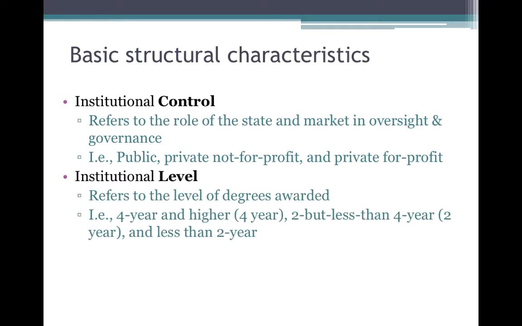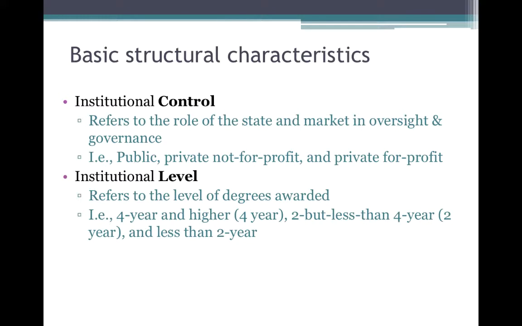Another related structural characteristic of colleges and universities is their level. That refers to what types of degrees they award to students. Some award bachelor's degrees and higher, which in the United States are 4-year degrees and higher. Some award 2-year degrees but not 4-year degrees like bachelor's degrees.